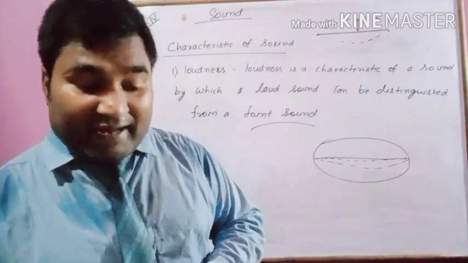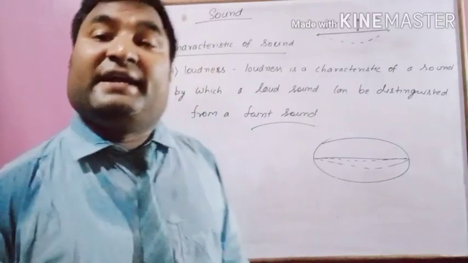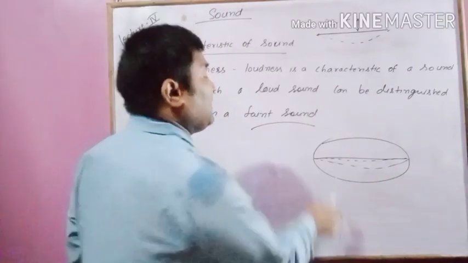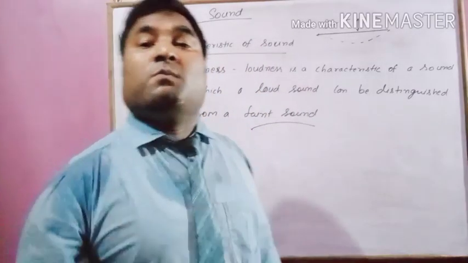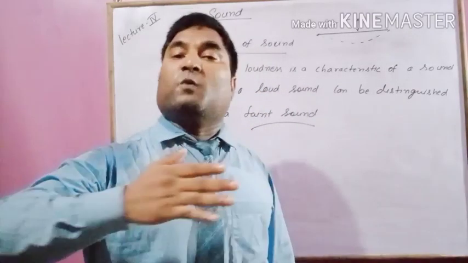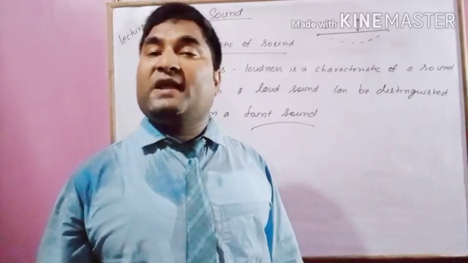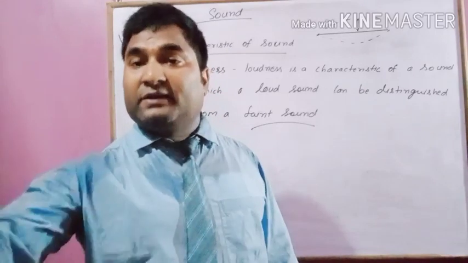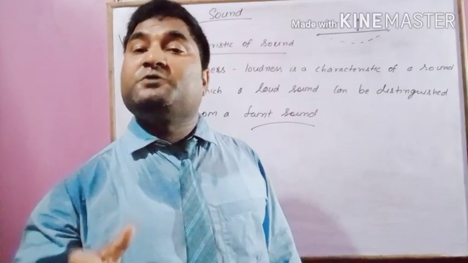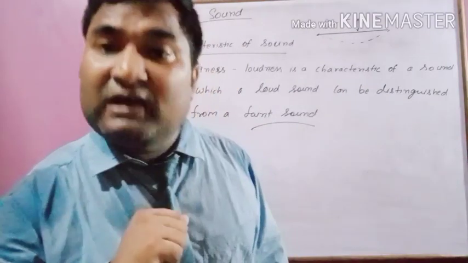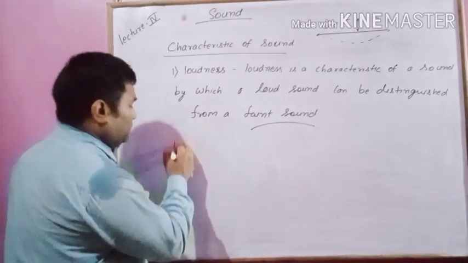So loudness of the sound depends upon the amplitude. The harder you hit it, the more displacement of the membrane will take place. More displacement means more amplitude. If there is more amplitude, then louder will be the sound.